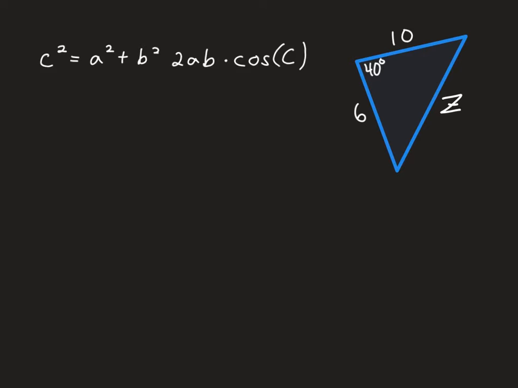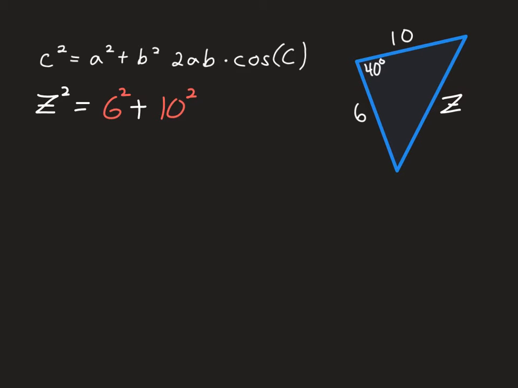And with law of cosines, it's best to start with an unknown side if we have one. In this case, I do have an unknown side. It's z. So I'm going to say z squared is equal to the sum of the other two sides squared. My other two sides are 6 and 10. So 6 squared plus 10 squared.